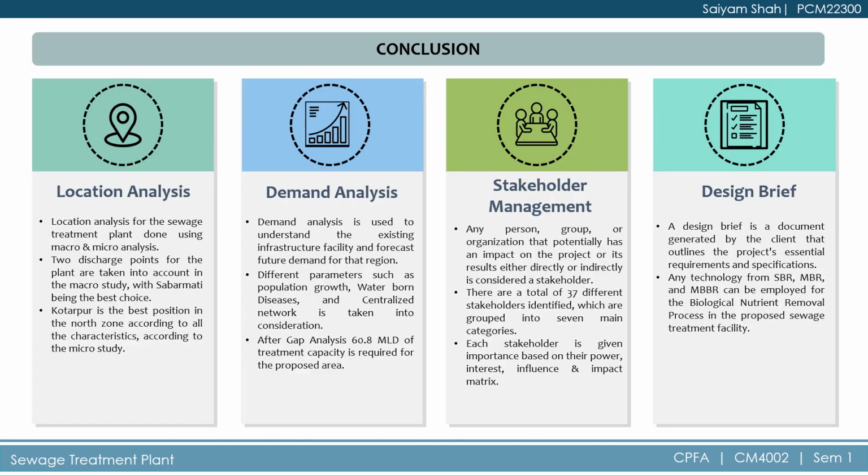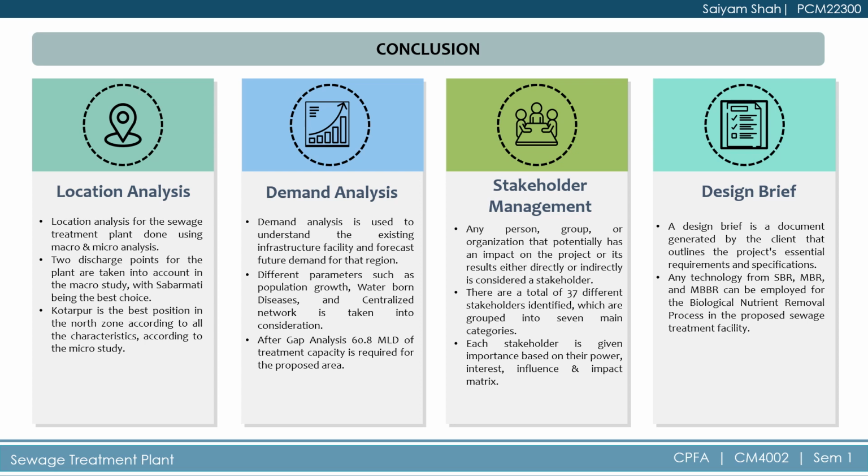These four different activities help to understand the feasibility and pre-feasibility stage of the project life cycle. In the location analysis, two discharge points for this plant are taken into consideration for the macro study, with Sabarmati being the best choice. In micro analysis, Kotarpur is the best position considering all the parameters.